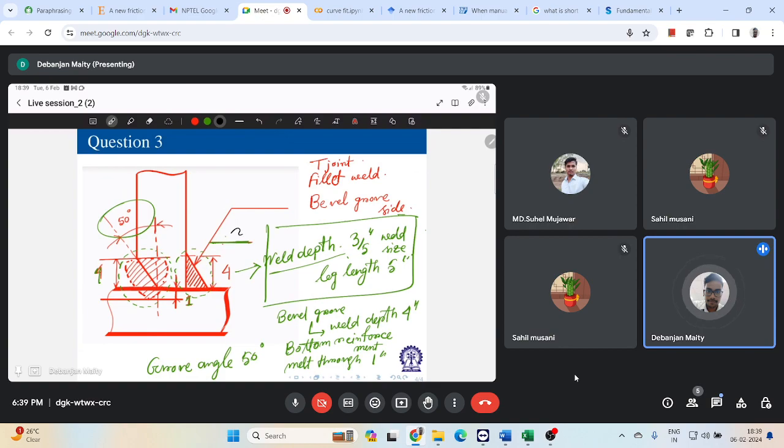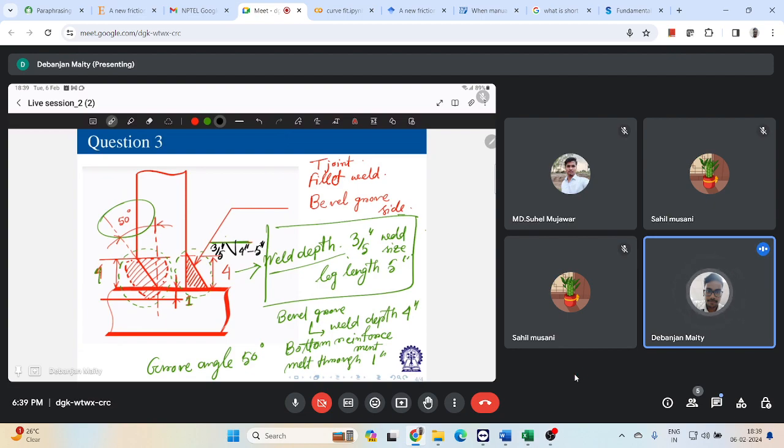If this is my arrow side, I will put this as the fillet weld symbol. My fillet weld size is 3 by 5 inch, and I will also mention the 4 inch as leg length, 5 inch as leg length, and 4 inch weld depth over there.